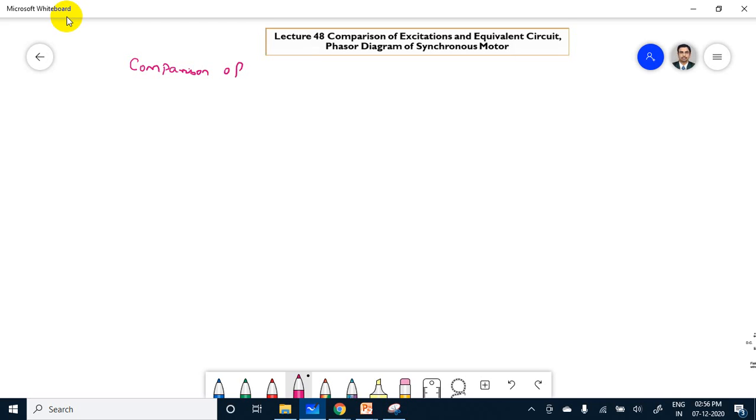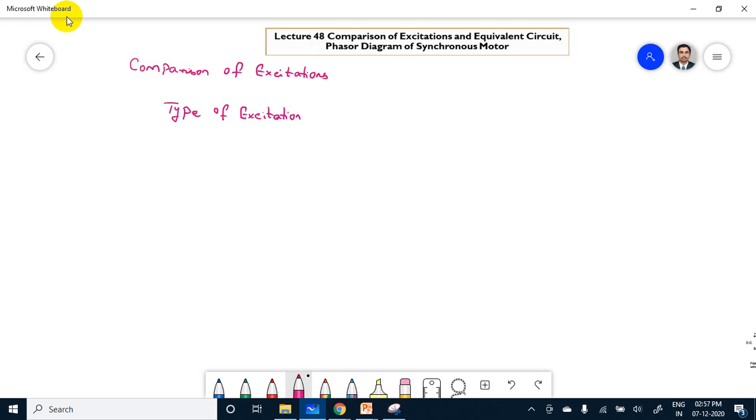Comparison of excitations. So here the first column is type of excitation.